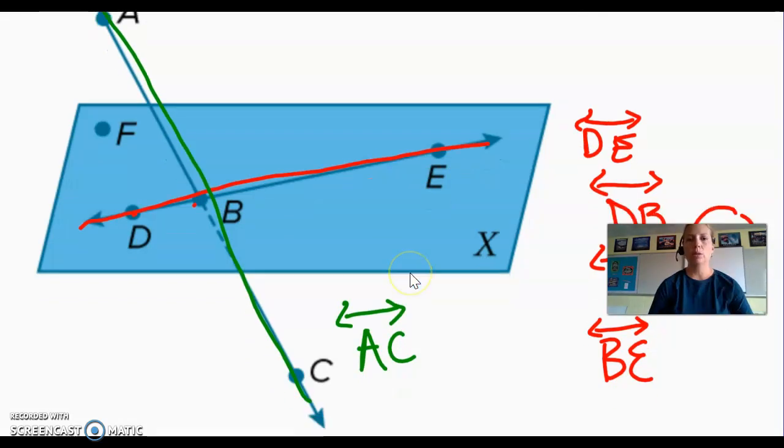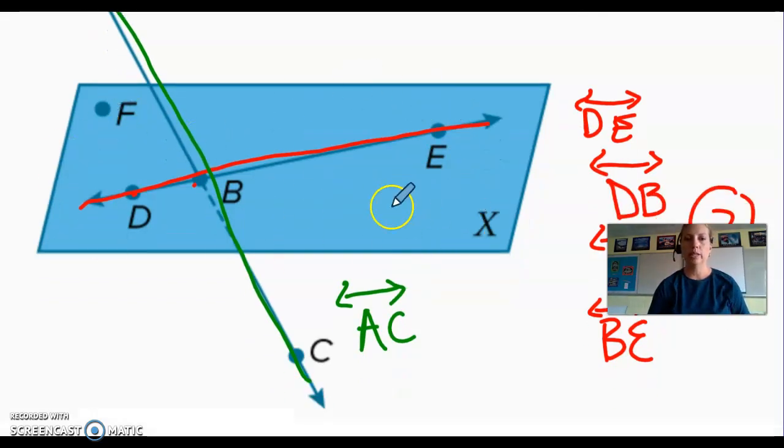On this one, if I'm naming the blue plane here in the background, I could not call it D, B, and E because those 3 lie in a line.